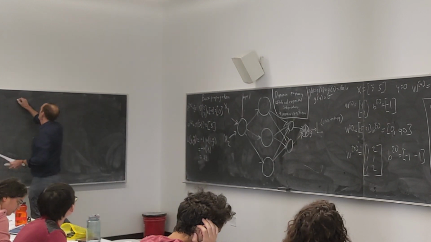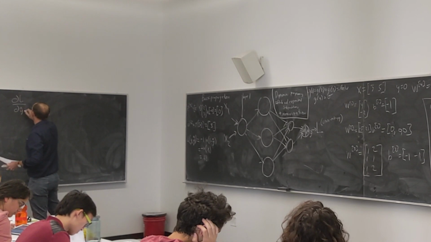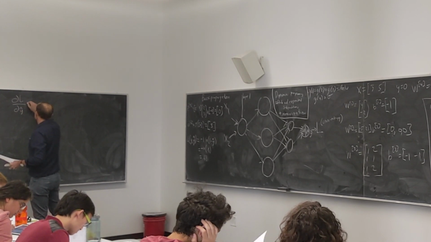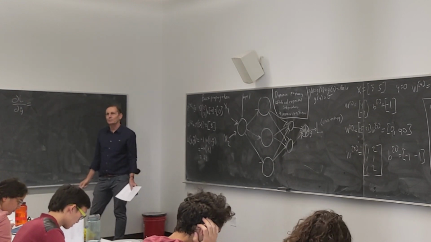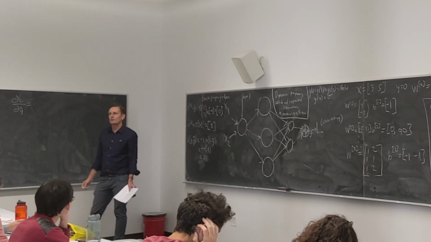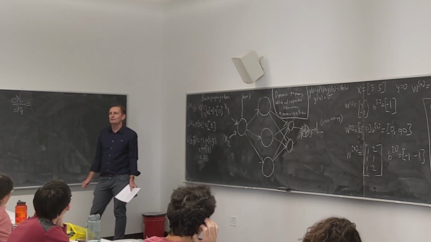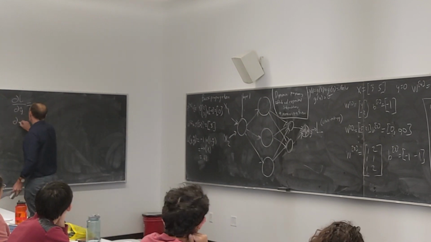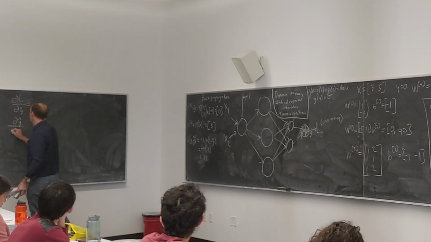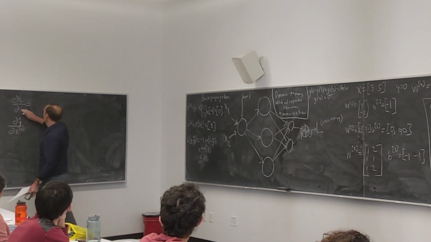For this particular problem, the derivative of the cross-entropy is a little bit messy, so I don't want to write it. We also know the derivative of y hat, which equals A4, with respect to Z4. In fact, why don't I just get rid of the y hats and call them A4.